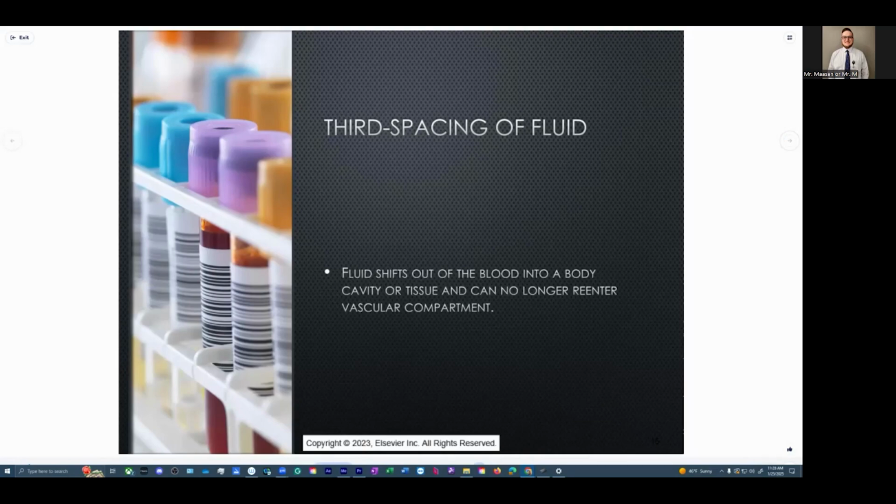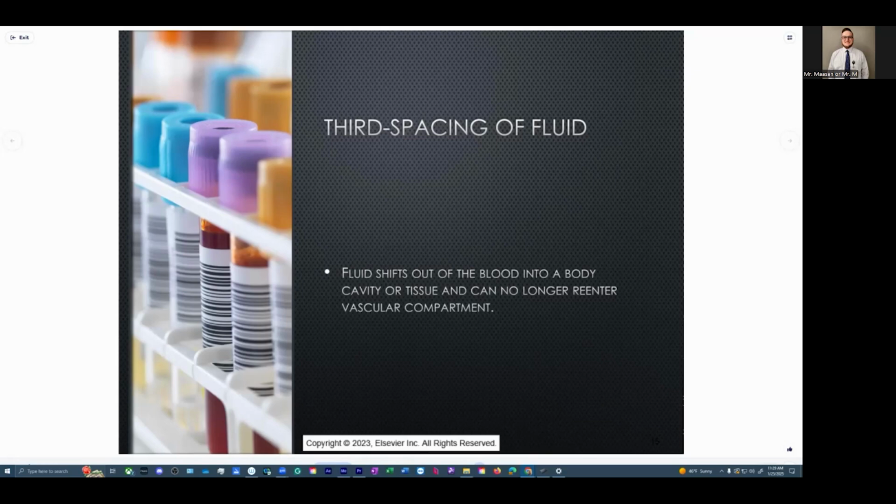So a little bit from A&P, our lungs, our heart, and our entire abdomen have these serous membranes around them that help with movement and protection. But those serous membranes are usually double layered, pericardium around the heart, pleura around the lungs, for example, peritoneum around the abdomen. They're all double layered membranes that have serous fluid in the middle.